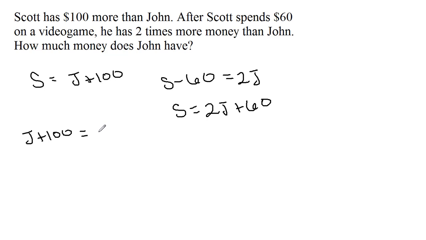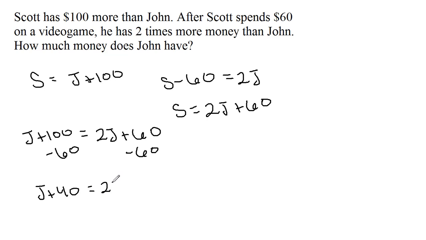J plus 100 equals 2J plus 60. So we'll subtract 60 from both sides, leaving us J plus 40 equals 2J.